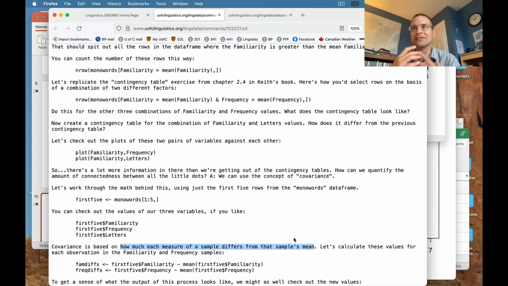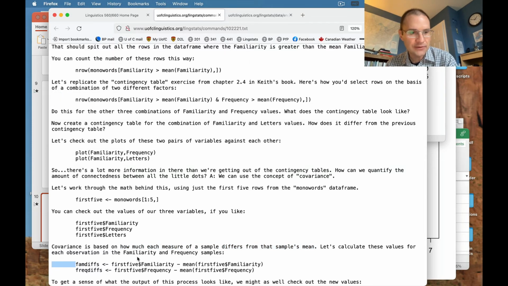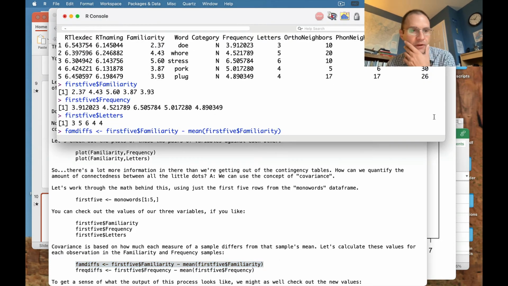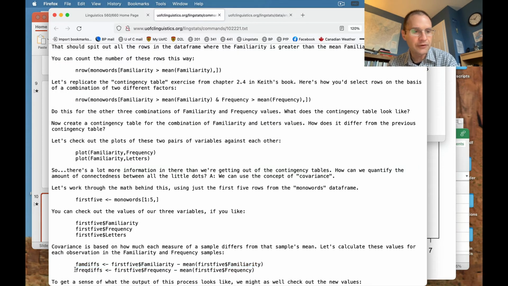That's how we can get a sense of whether two different variables will vary in the same way, whether you get that same sort of difference across the board for their values. So we're going to calculate those differences for each of these first two little data sets, first for familiarity, and then for frequency.